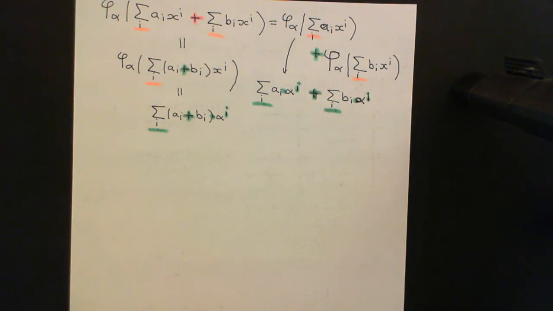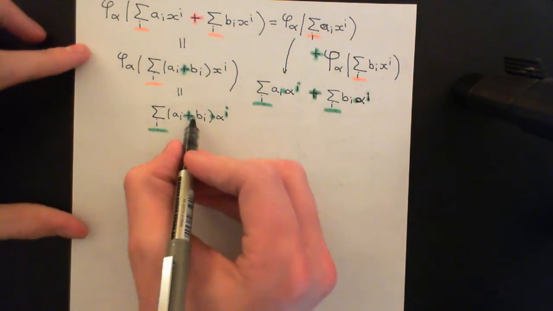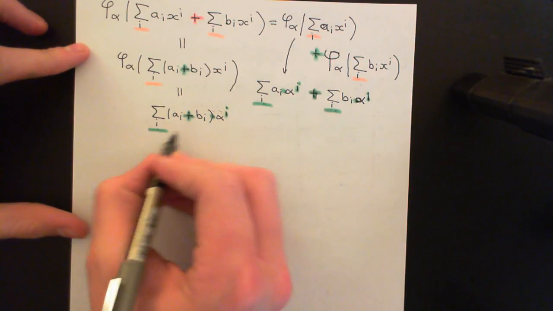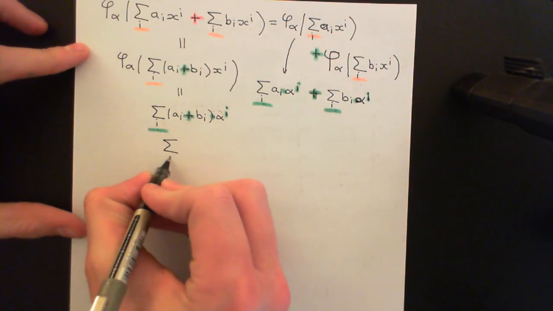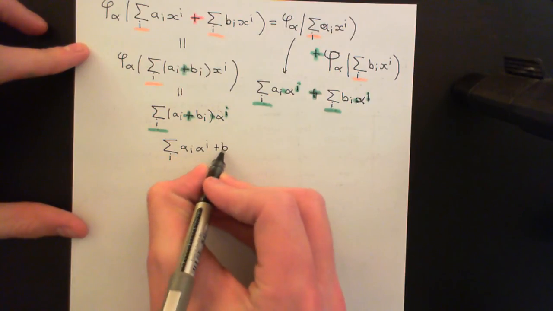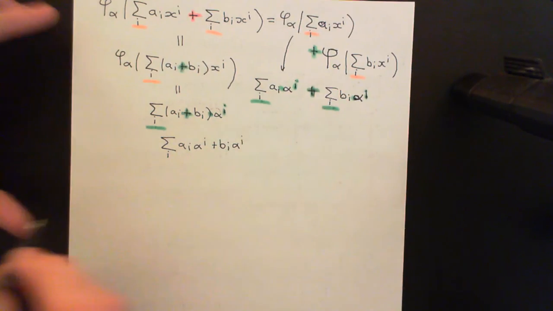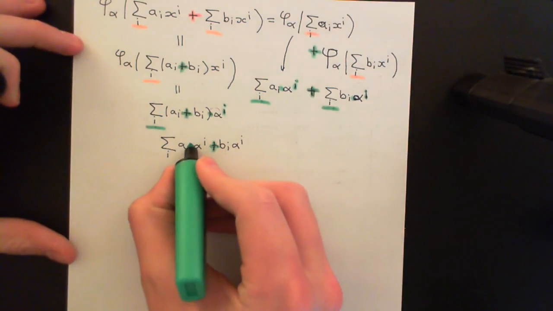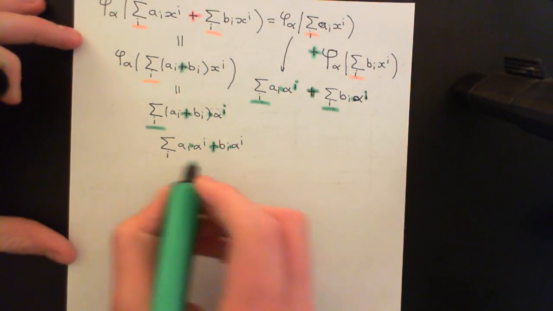Now of course these two things are going to be equal to one another because in the ring we can apply distributivity here. To each of these terms, this is multiplication in the ring, so we can quite easily split this up into the sum over i of a_i alpha to the i plus b_i alpha to the i. That's just applying distributivity in the ring, capital R, the fact that multiplication distributes over addition in the ring.